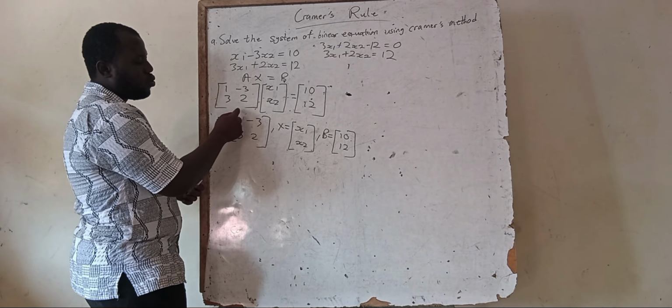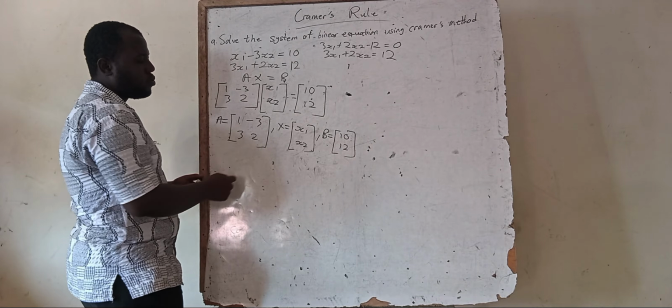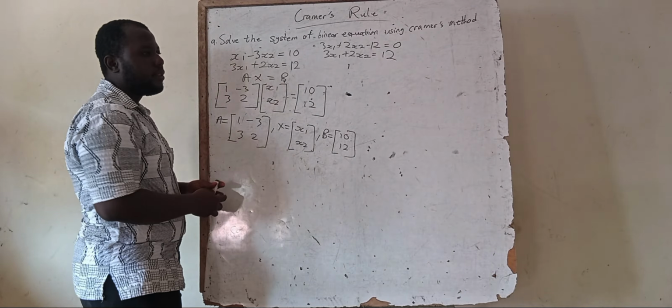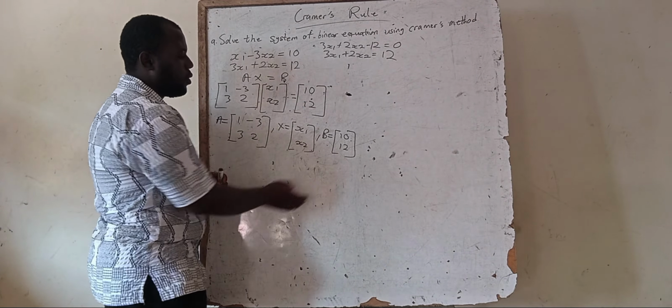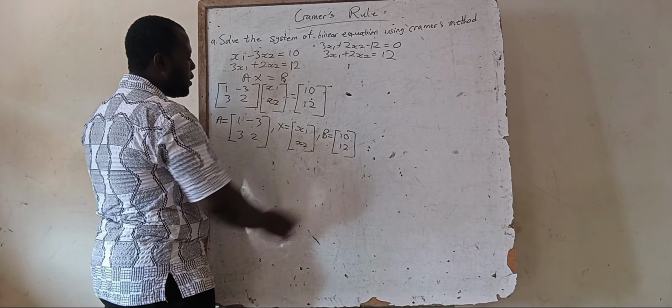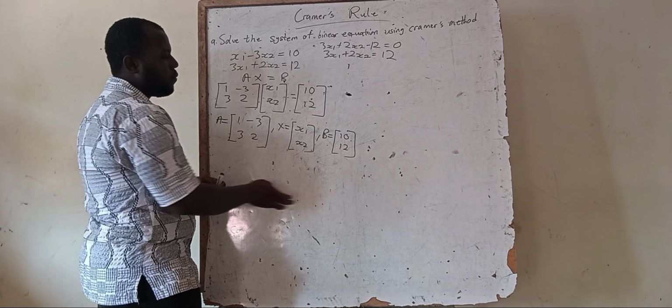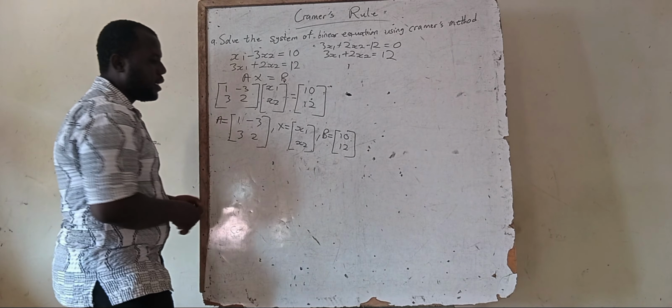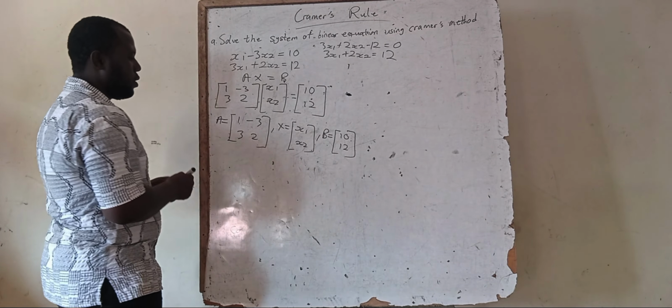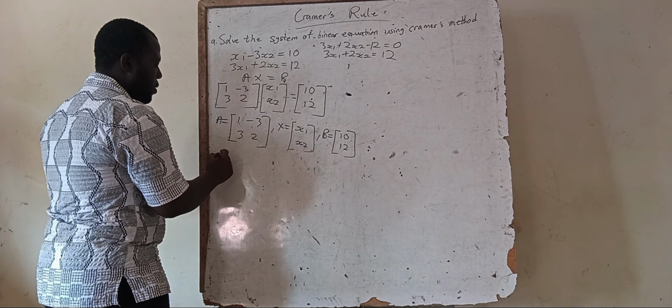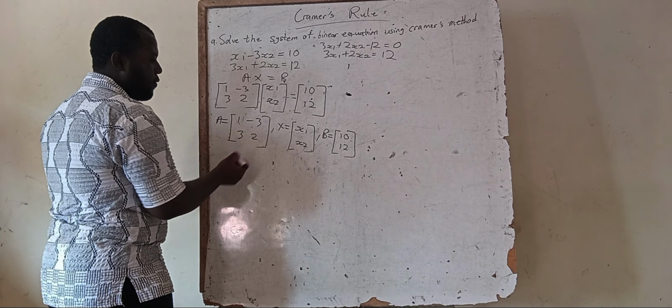With Cramer's rule, we first identify the number of columns we have in A. A has two columns, column 1 and column 2. If there are two columns, we replace the first column with the elements of b, then we replace the second column with the elements of b. So let's go ahead to understand. We are finding A1.